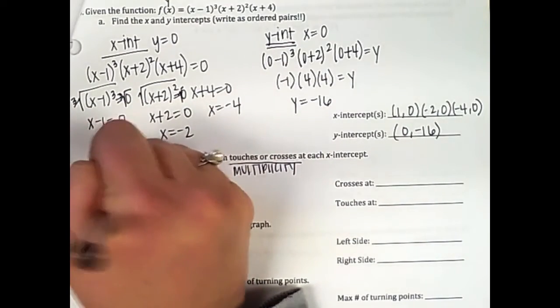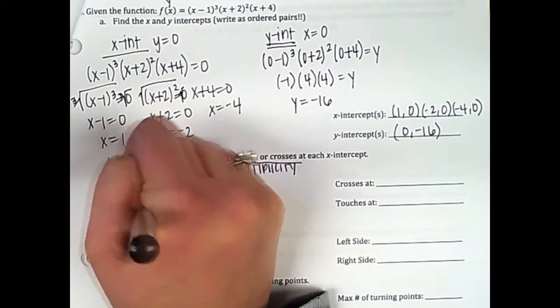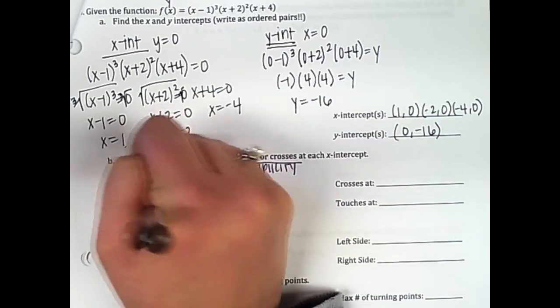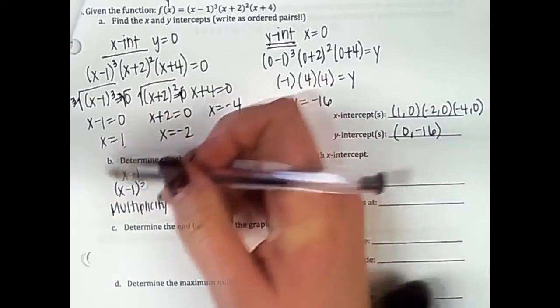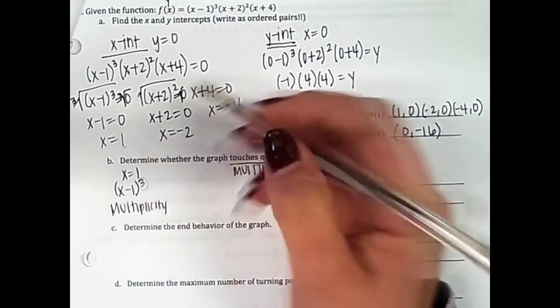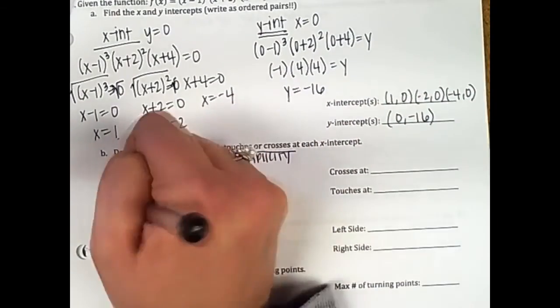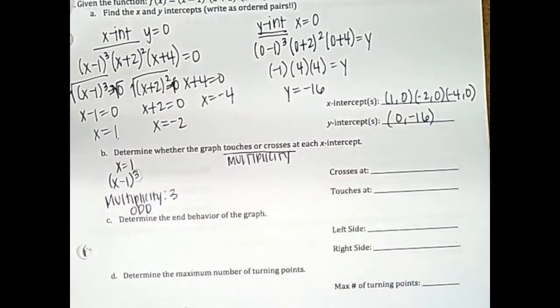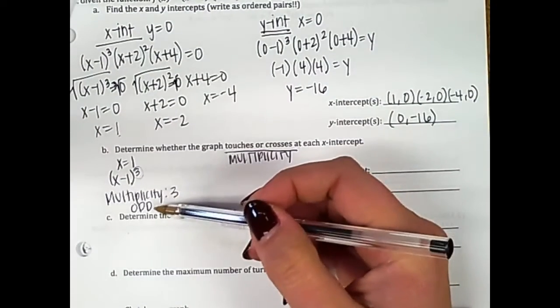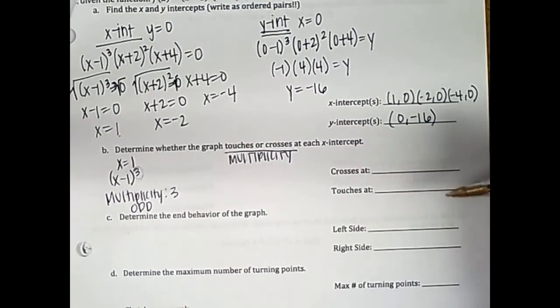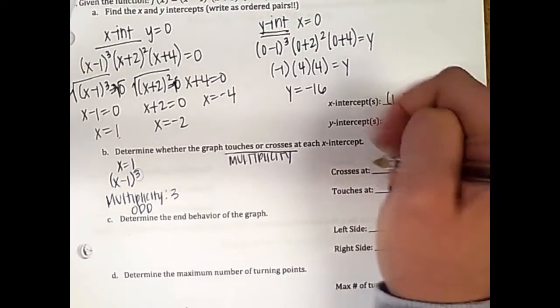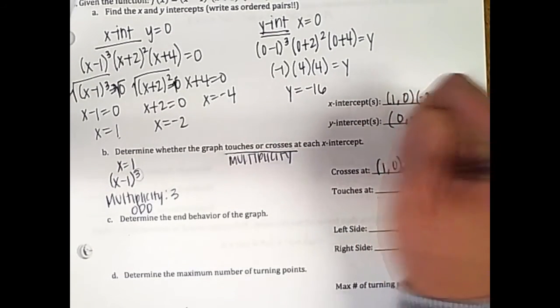So the multiplicity of 1, 0 is 3. Now 3 is an odd number, and when the multiplicity is odd, that means it crosses through the graph at the x-intercept. So 1, 0 would cross.